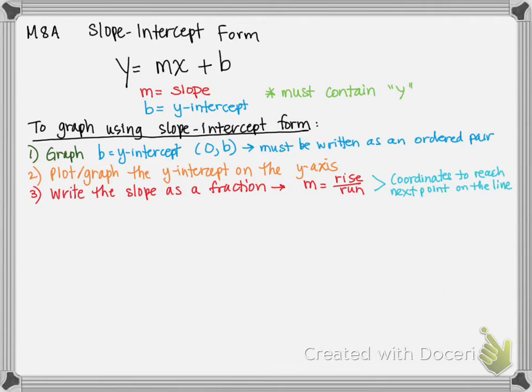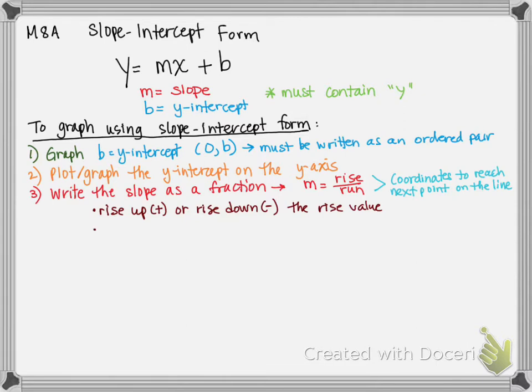Okay, so again, let's do it in steps. You're either going to rise up if the number in the numerator is positive, or you're going to rise down if the number in the numerator is negative, the rise value. So you're starting at the y-intercept. From that value, you're going to rise up whatever the rise value is, if it's positive, or down if it's negative.